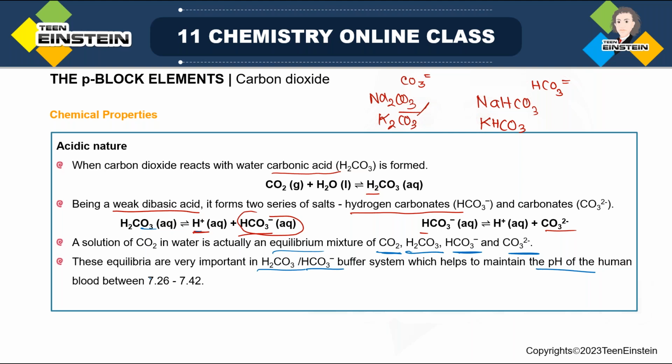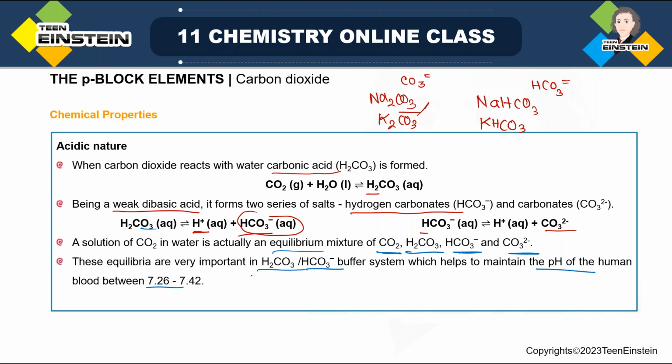So as you can see in this case, for this buffer, the range is maintained between 7.26 to 7.42. And this is such a pH range where different biochemical reactions occur. Because mostly the biochemical reactions are enzyme catalyzed.